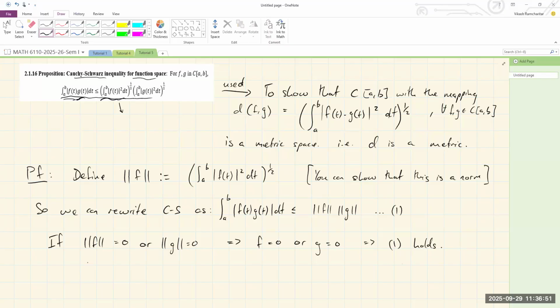So if either one of these is 0, the inequality holds. So I'm going to assume that they are both non-zero. I'm going to assume that the norm of f is not 0, and that the norm of g is also not equal to 0.